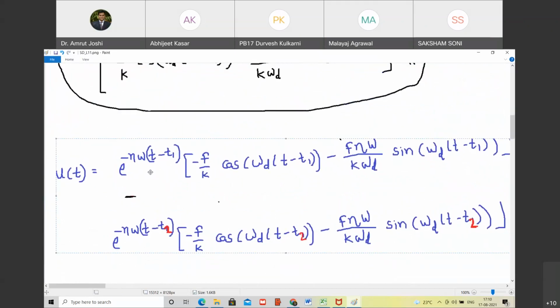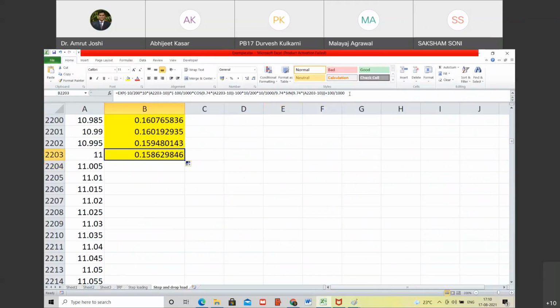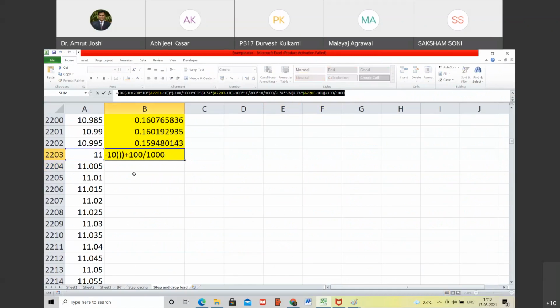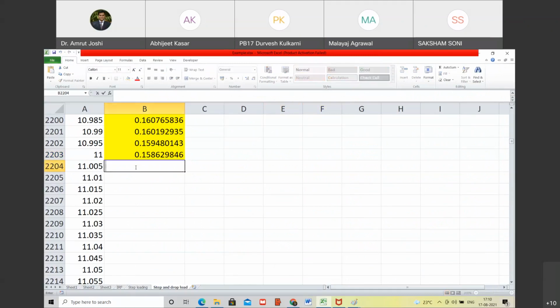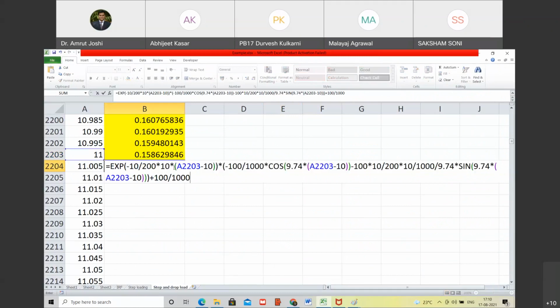So the first term is going to remain same. In the second term, we have to replace T1 by T2. So what I am going to do is I am going to copy this expression. So this expression is copied as it is. And then I am going to write it here. The first term remains as it is.